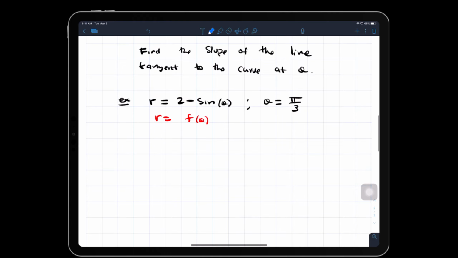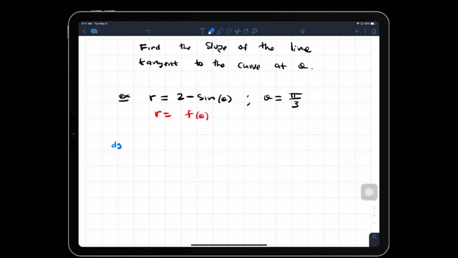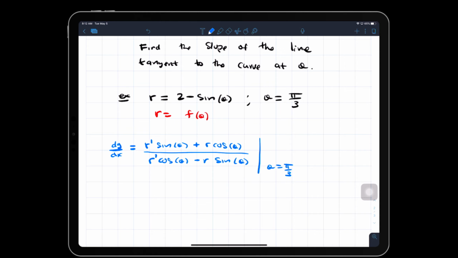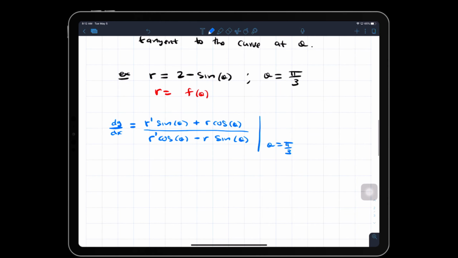Well, here's our formula. dy/dx is r prime sine theta plus r cosine theta over r prime cosine theta minus r sine theta. And that's going to be good for theta at pi over 3. So a very simple kind of question.